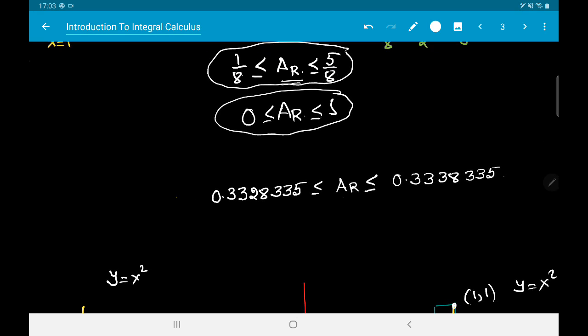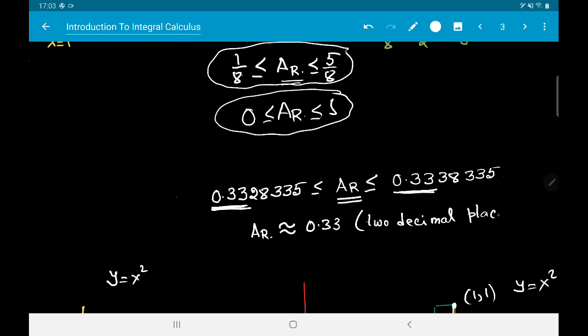Now why do I mention it separately? There is a reason. If I want to approximate this area up to 2 decimal places, you can already see that here the first 2 decimal places are 0.33, and here the first 2 decimal places are 0.33. So the area of R is approximately equal to 0.33, correct up to 2 decimal places.